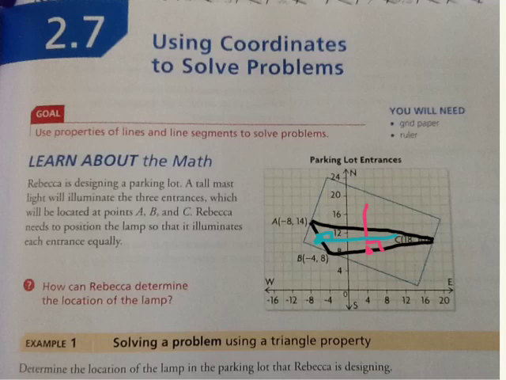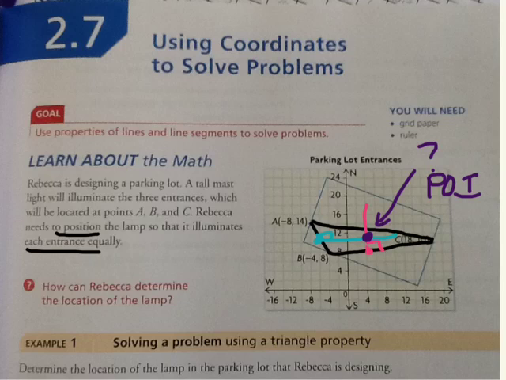So back to the original question, we need to position the lamp so it illuminates each entrance equally. Well, we need to know, again, what's that point called? The center of the triangle? Circumcenter, which in this case is the point of intersection of the perpendicular bisectors. So we need to know where do these two lines intersect.